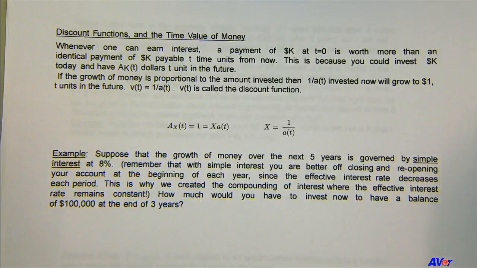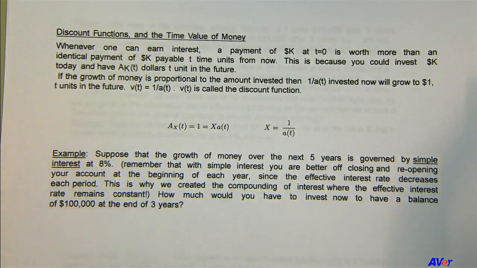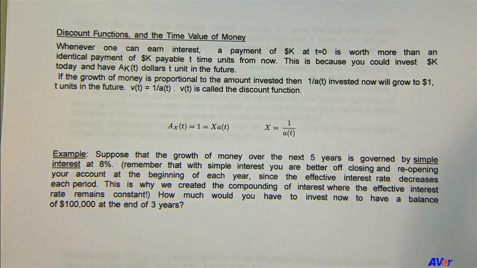Why is it better now? Instant gratification, very cute, but invest it, right? So of course K dollars now is worth more than K dollars in 4 years, right? Because that K dollars now would grow to K times (1 plus I1) times (1 plus I2) times (1 plus I3) times (1 plus I4).